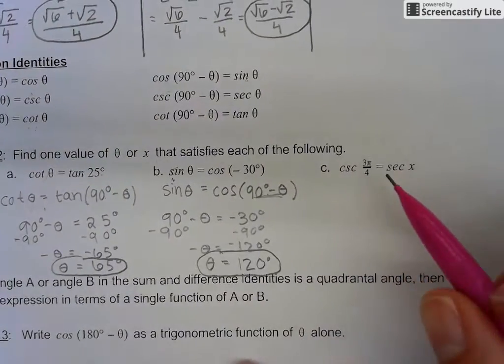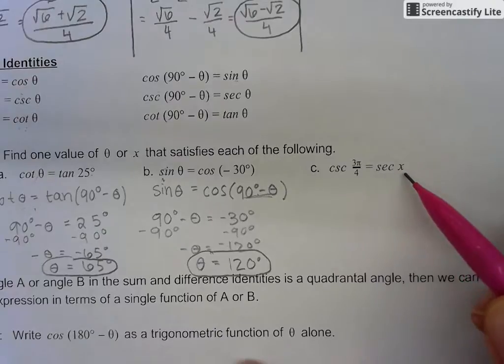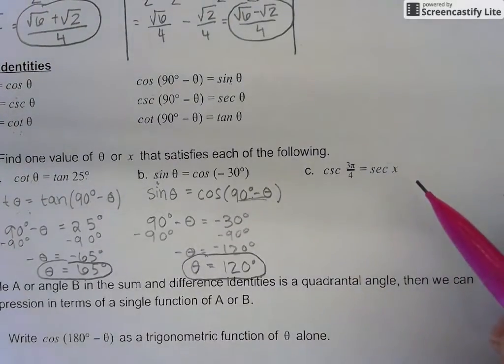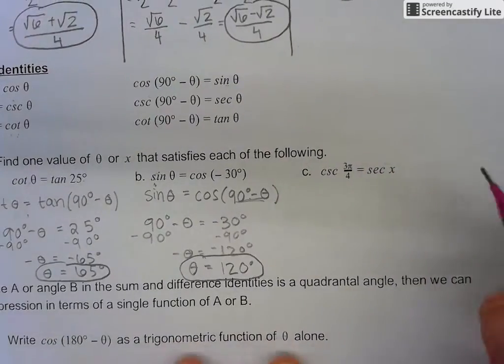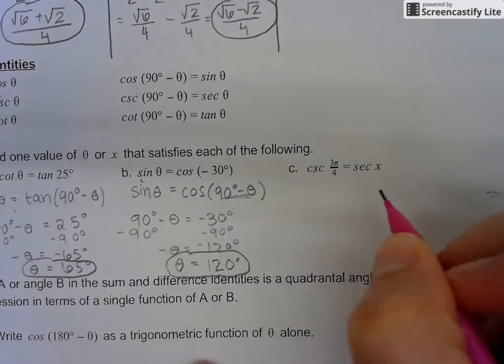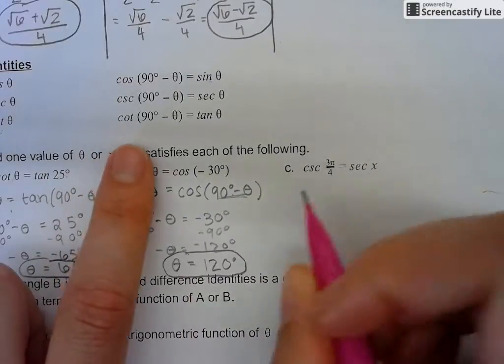Sorry, pause. Cosecant of 3 pi over 4 is equal to the secant of x. Again, find the one that's going to work best for you. But you have to realize that this is in radian mode. So instead of 90 degrees, it's pi over 2, so we're going to replace it with pi over 2.